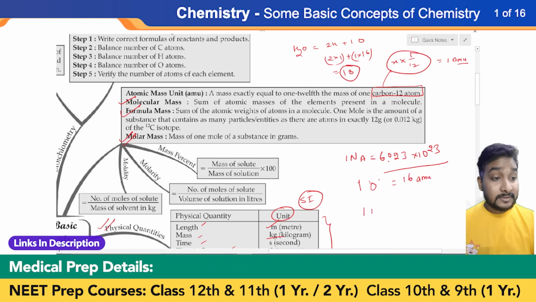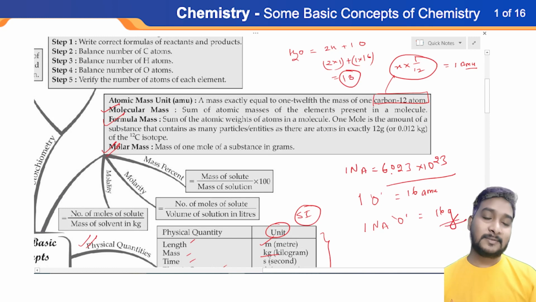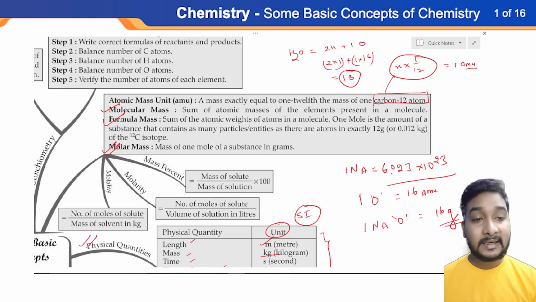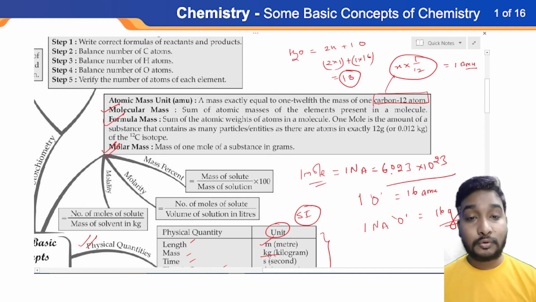But if we are using one Na oxygen, it should be 16 gram, and this 16 gram is called molar mass. So we can say that molecular mass or atomic mass in terms of 1 mole, because one Avogadro number is always equal to 1 mole. 1 mole is equal to 1 Avogadro number.